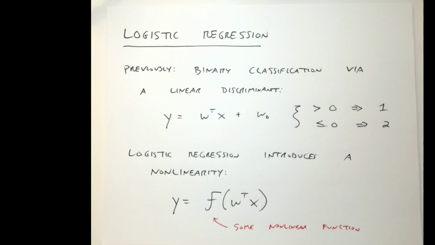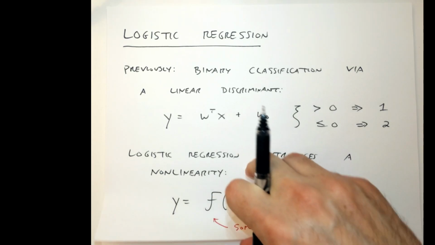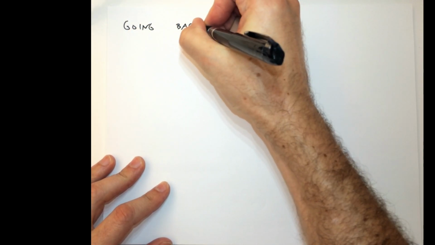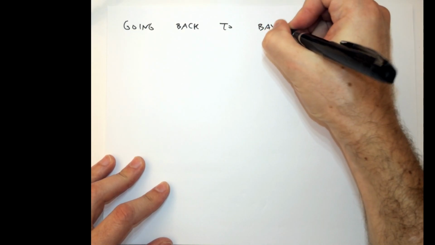So how should I choose what this function should be? Okay. Well, let's go back to Bayesian decision theory, which we talked about a few weeks ago, right? So what would be a good choice for this f?